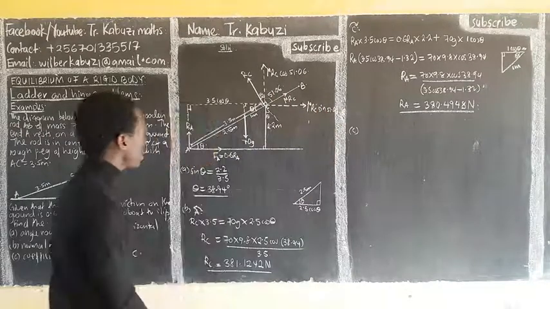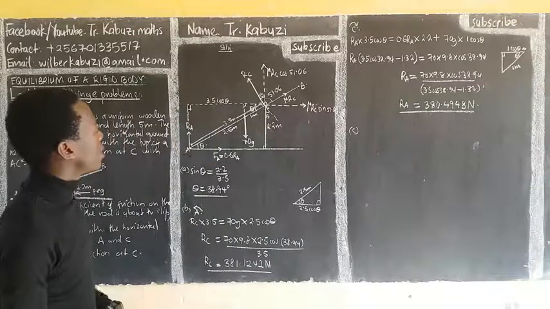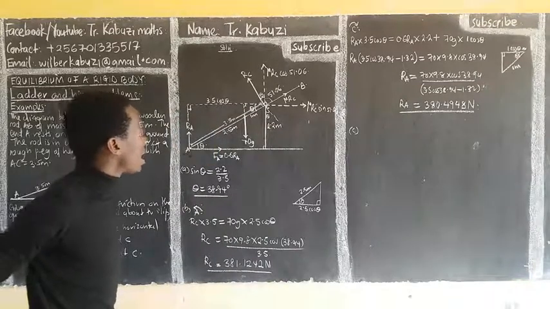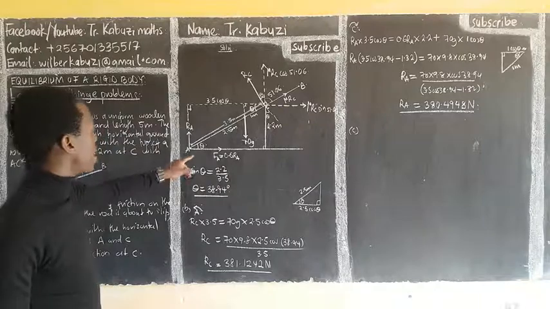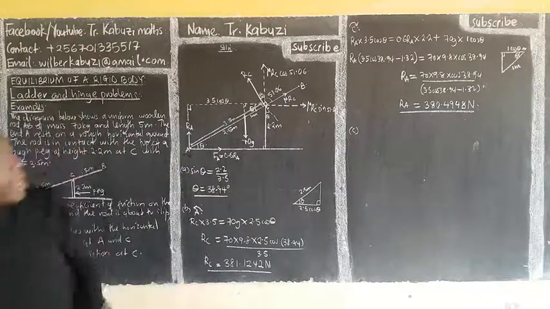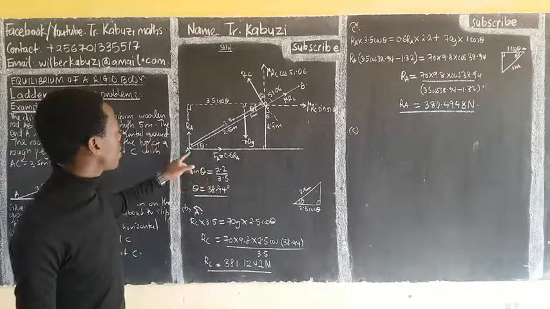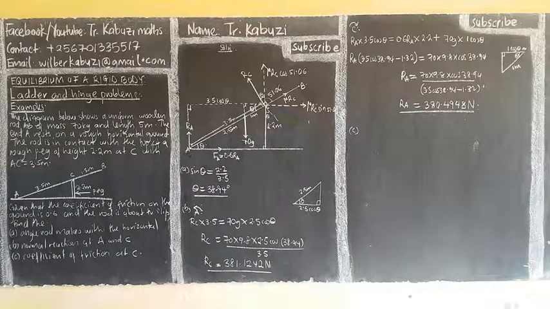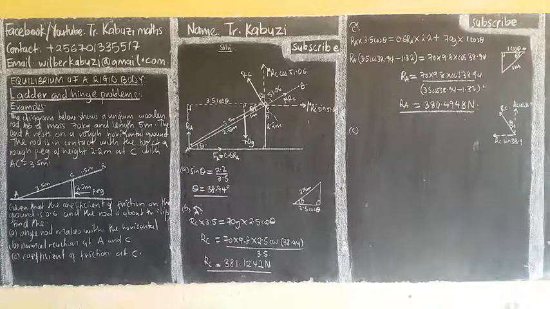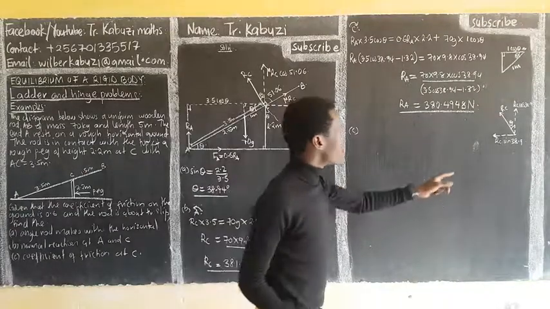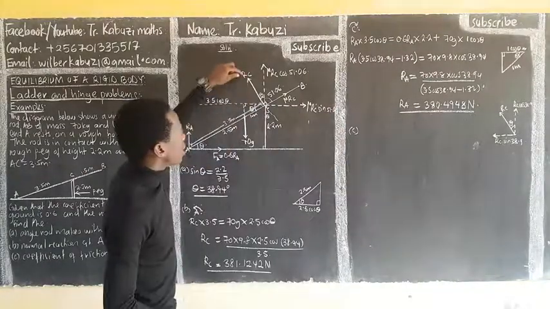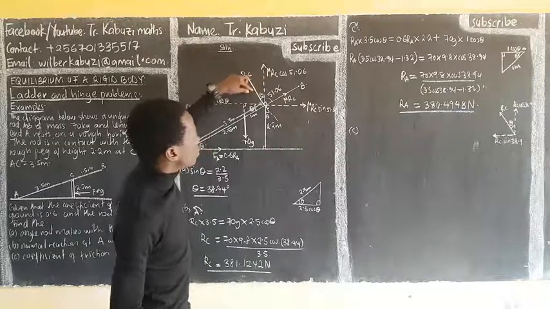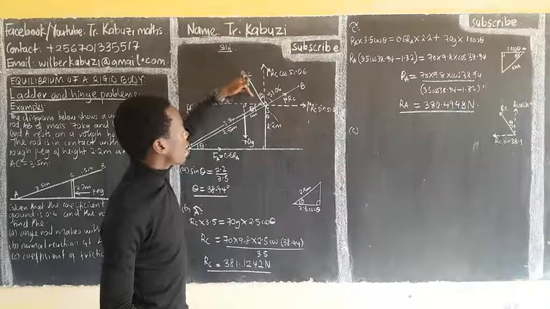So now, from there, we are going to take moments. Let me draw that diagram again. Okay, I think you can see this diagram. Now, we have resolved this force, so we also resolve this because this is also a force acting.